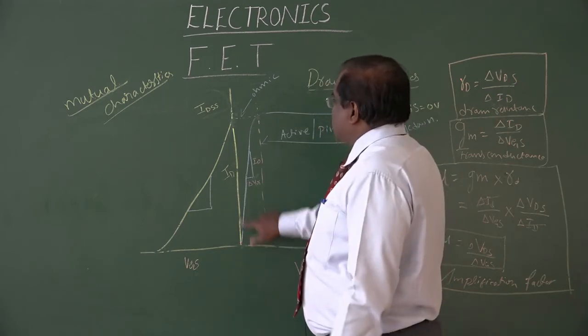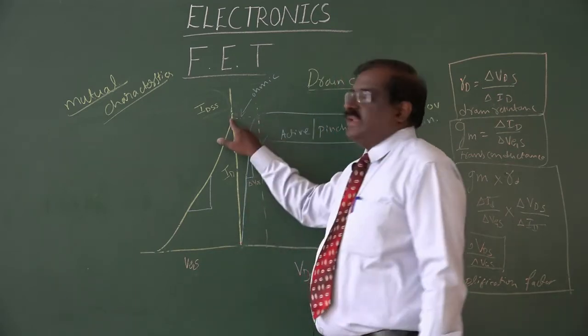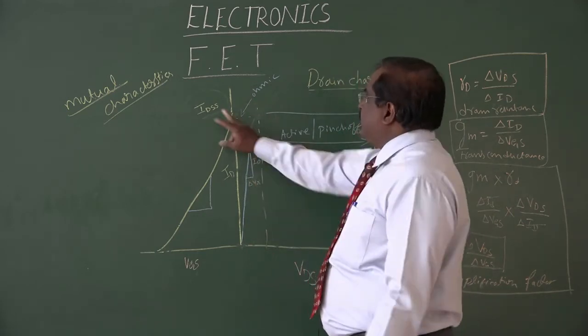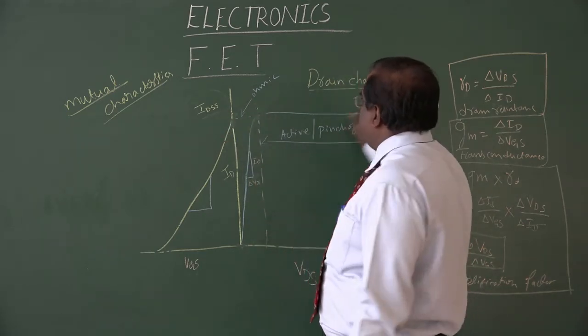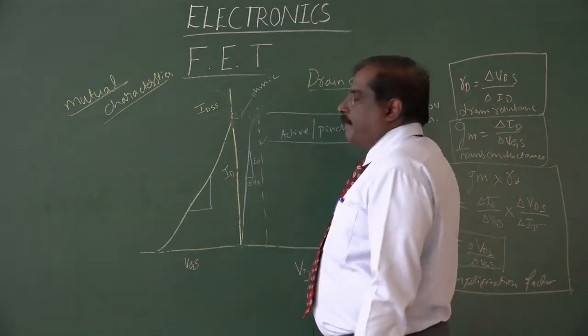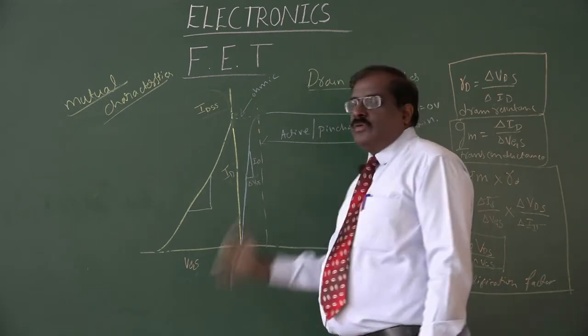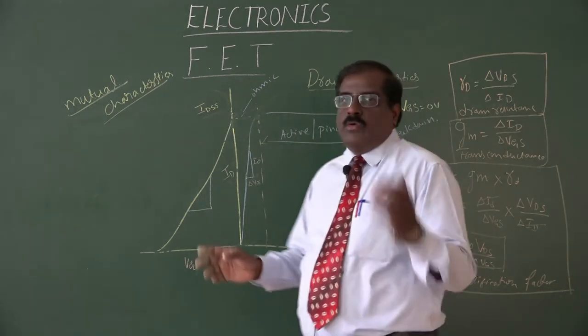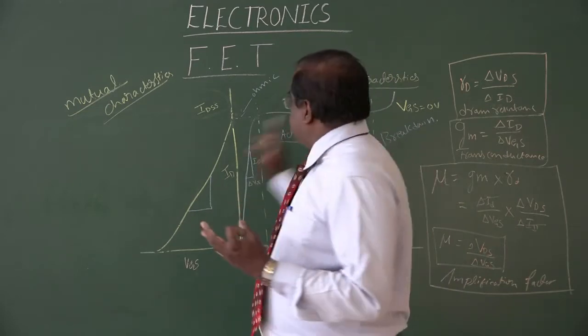First, when VGS equals 0, the maximum drain current is IDSS. This curve we divide into three parts: ohmic region, active region, breakdown region. Active is also called pinch off.